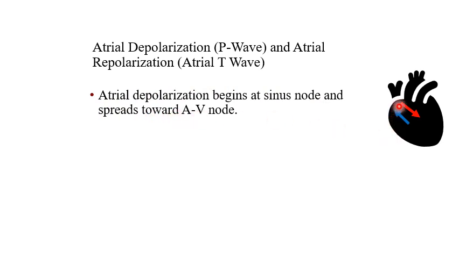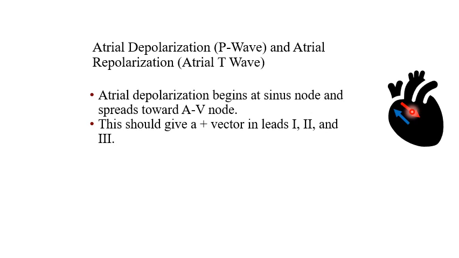Okay, so atrial depolarization starts just at the opening of the superior vena cava, where the SA node is, and then spreads all the way downward and to the left side of the atrium in this direction, as depicted here by the red arrow. This is the main vector, the instantaneous vector of the atrial depolarization.